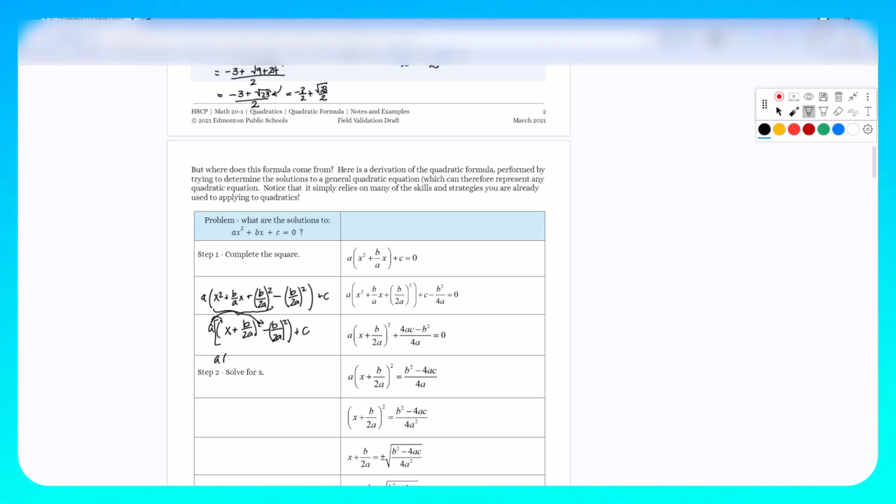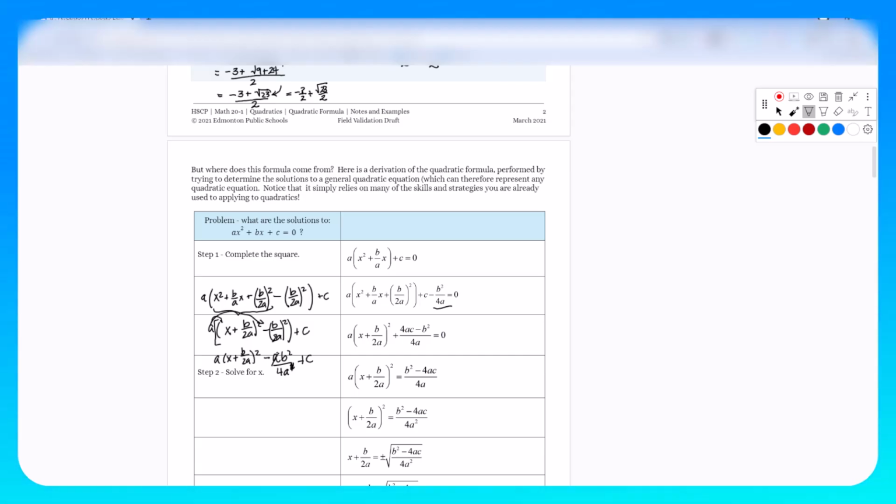So we get a times x plus b over 2a squared, minus a times, and now I put the square on each of these, so that gets me b squared over 4a squared. Using exponent laws, we take that away, and that's where the negative b squared over 4a comes from. The order doesn't matter with the adding or subtracting here.